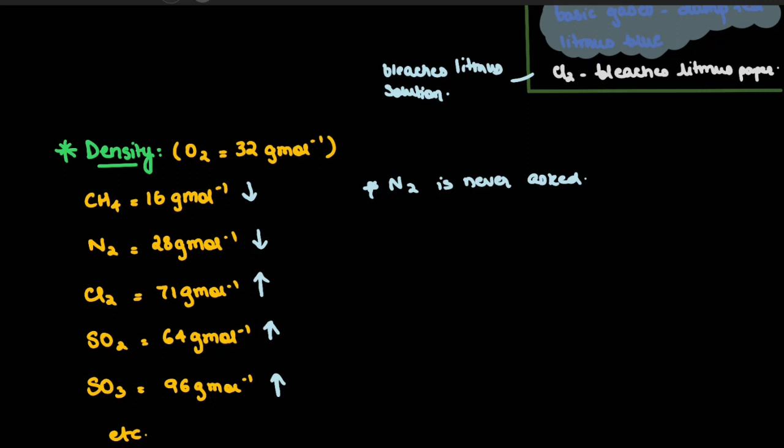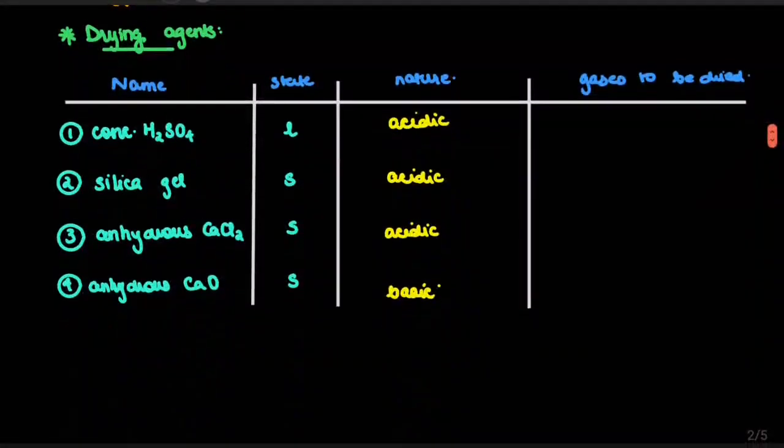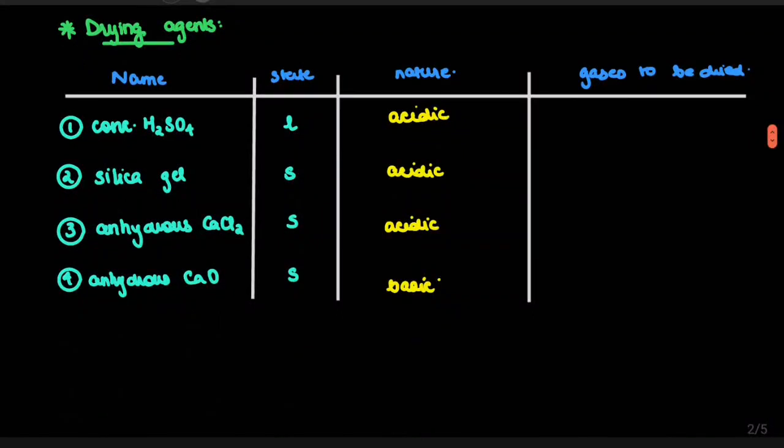Next, we move on to drying agents. This is one of the most important topics you need to know. When we collect gases, they're usually damp. Damp means they have water content in them.